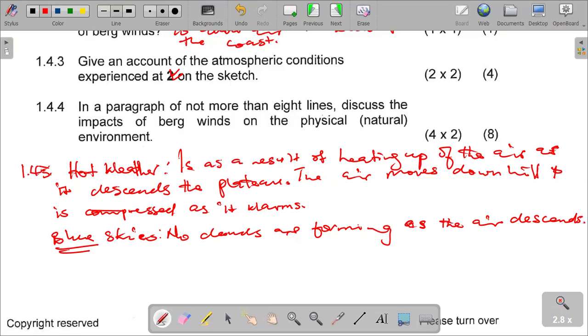There is no possibility of clouds forming because the air is dry. So it cannot form any clouds. Therefore, we are saying it results in what? In clear skies.